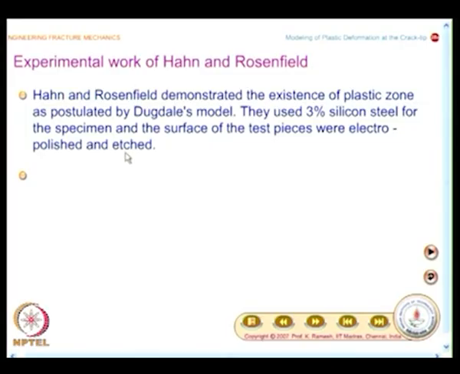This has helped to reveal the shape of the plastic zone, and essentially they were metallurgists, they were handling these kind of issues earlier. So, they had used this for the crack problem.